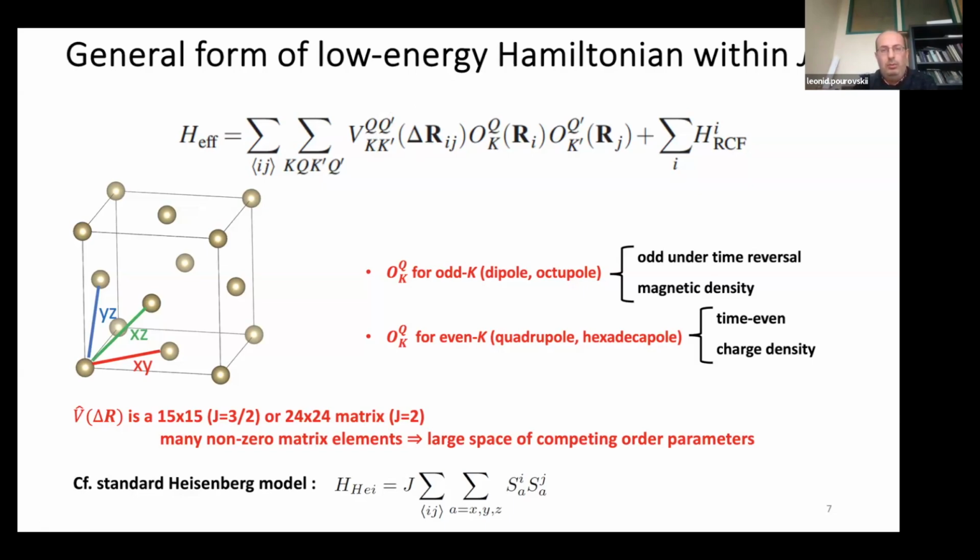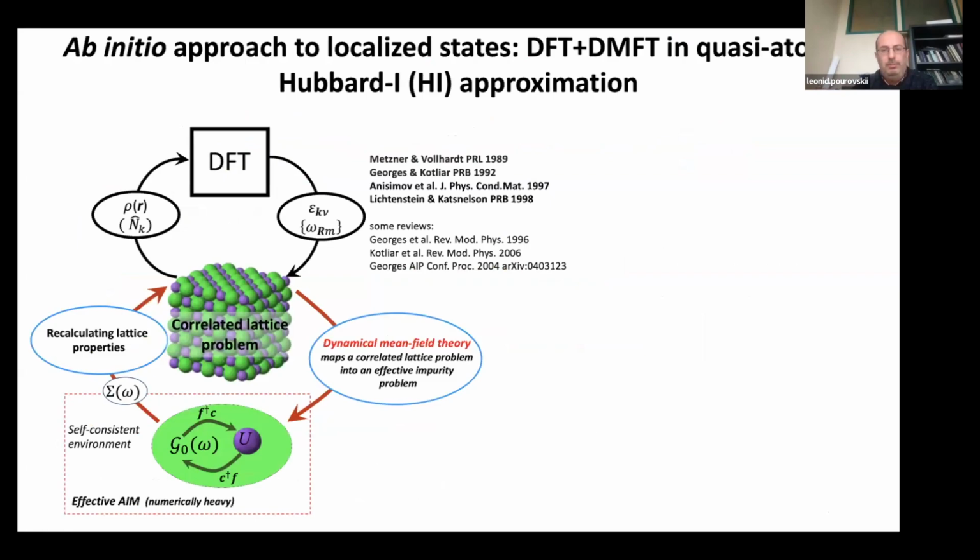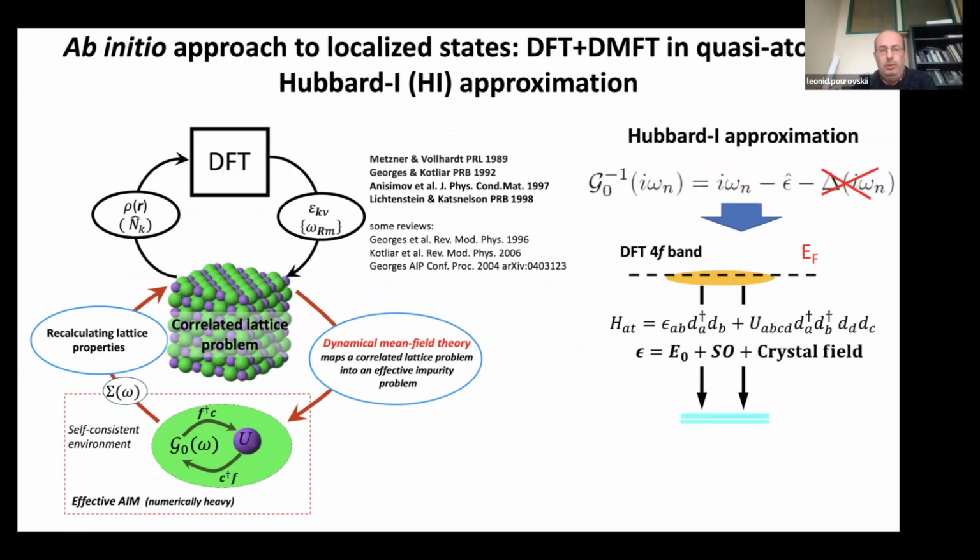Okay, so how do we approach this problem? We start with DFT plus DMFT, which I will not describe; I guess everyone is familiar with this. The only important point is that we don't really use the full DFT plus DMFT. We use a very simplified version of it, which is based on quasi-atomic approximation to the impurity problem.